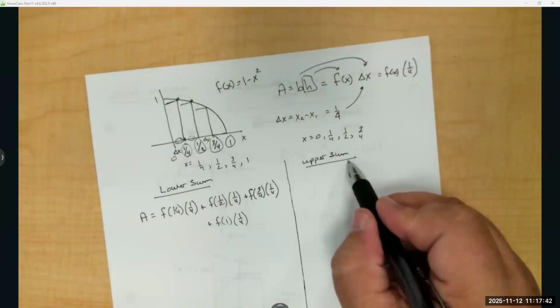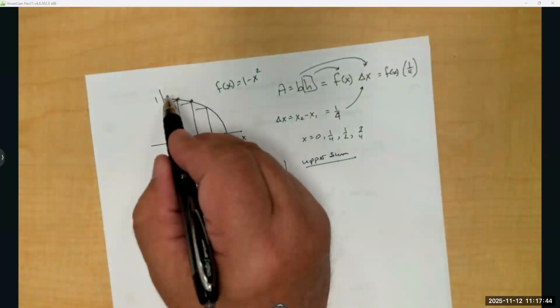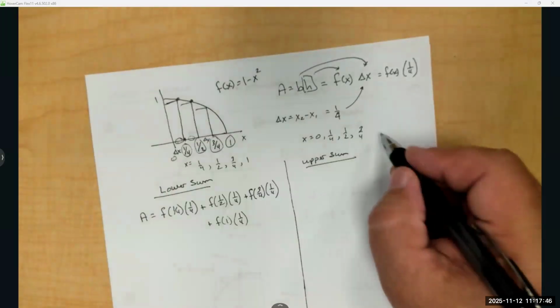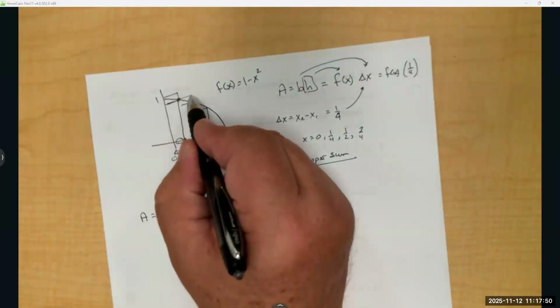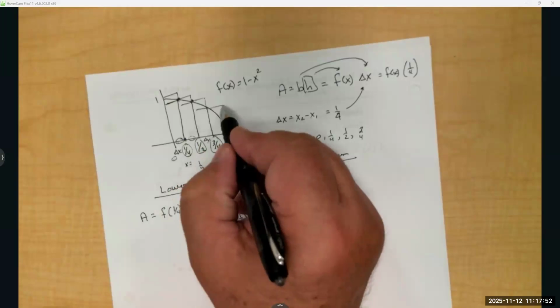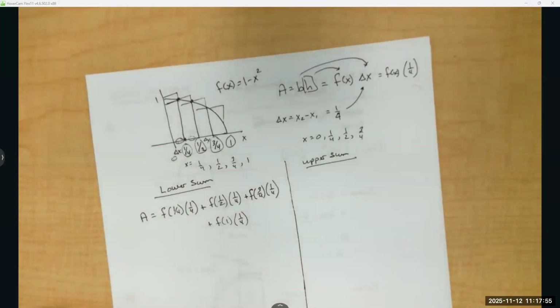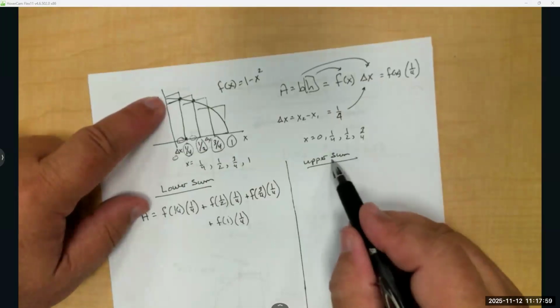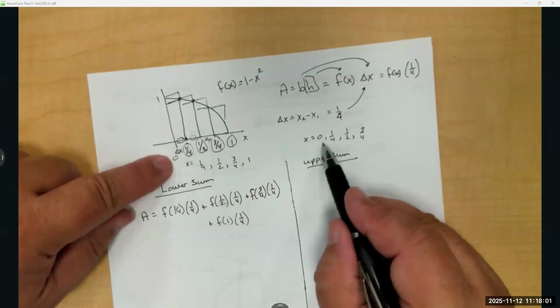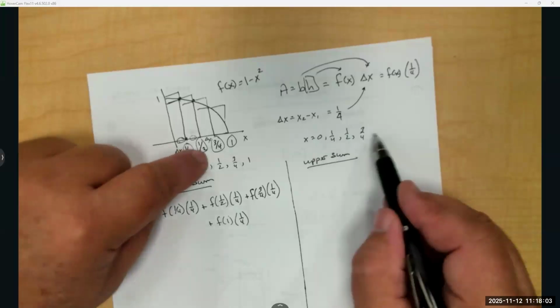If I'm doing the upper sum, then I have to use the rectangles that go outside the graph. That goes with this. So I get my highest point for this upper one at 0. And then I go to 1/4, 1/2, 3/4.